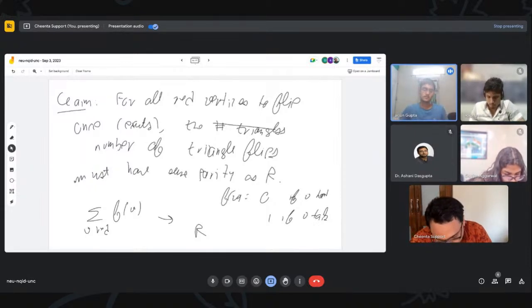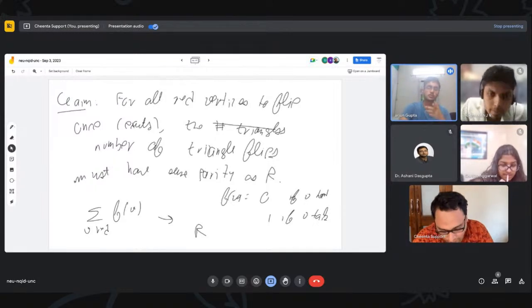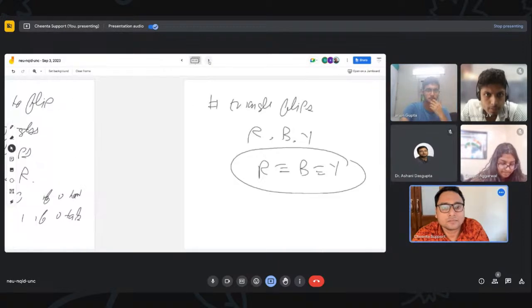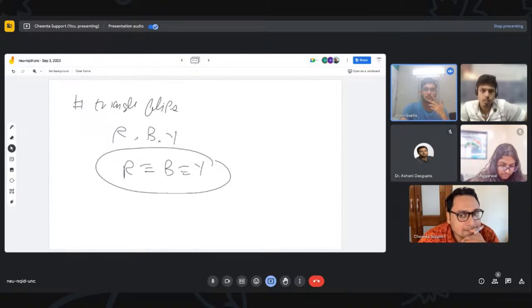Is this claim clear? If for a particular n, I can flip the triangles in a way so that everything gets flipped exactly once, then the number of red vertices, number of blue vertices, and number of yellow vertices must have the same parity. Is this claim clear to everyone? I guess it is. Also, I'm on page 17. Yes.